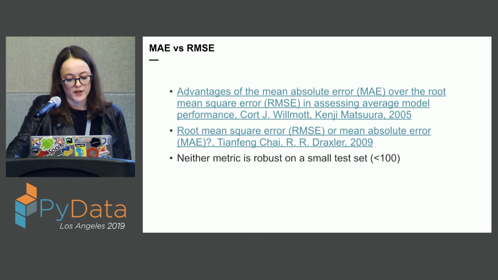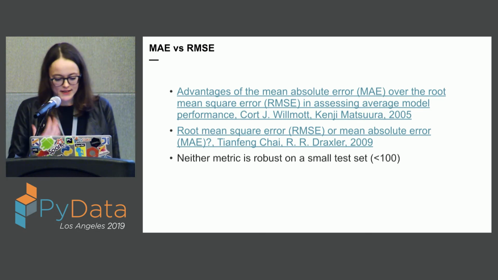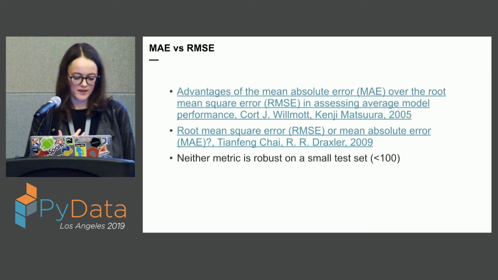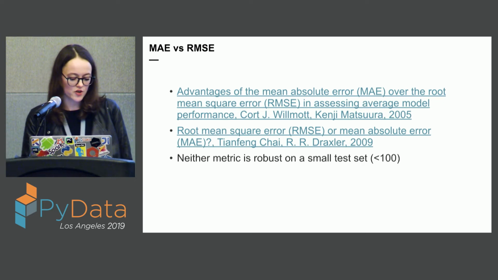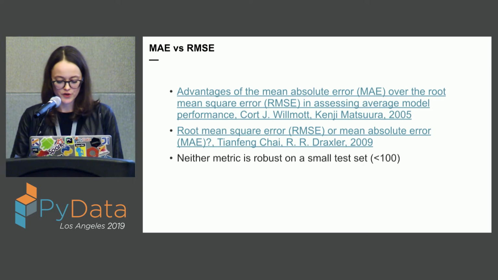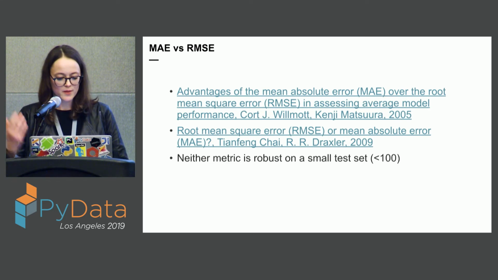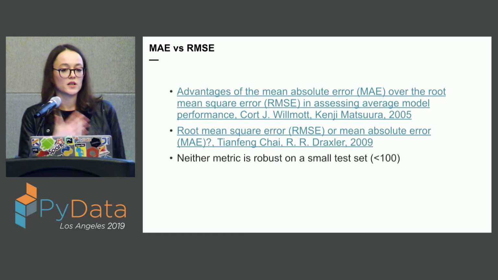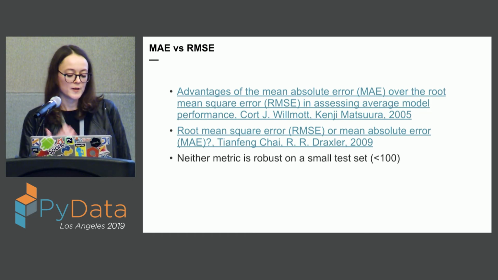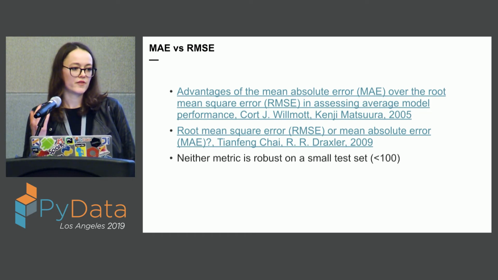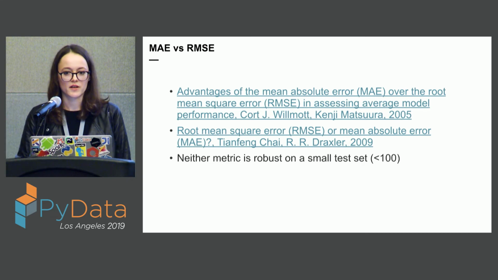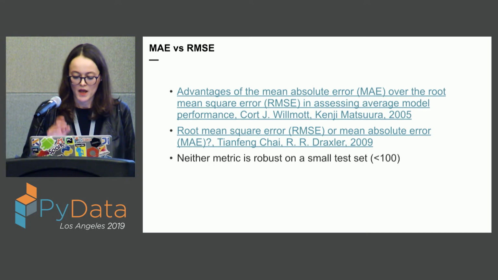But then, 4 years later, there was another paper that said that actually that's not the case, and RMSE is perfectly fine. In all the practical cases, RMSE is actually a perfectly valid metric to be used. But the older paper sometimes still gets quoted. But neither of the metrics is going to be robust on a small test set. So if you have very few examples, none of them is going to make for a robust metric.